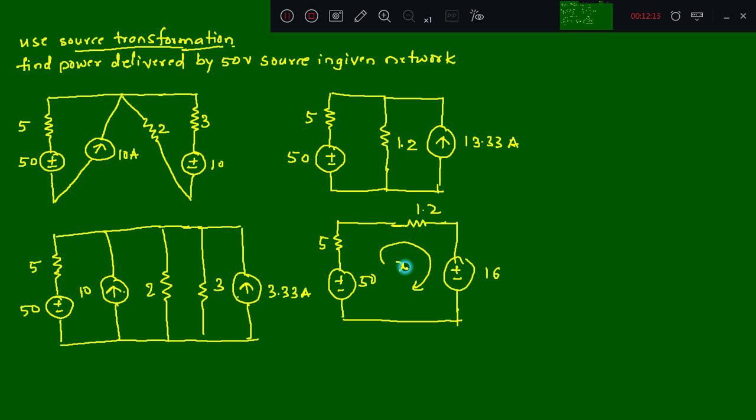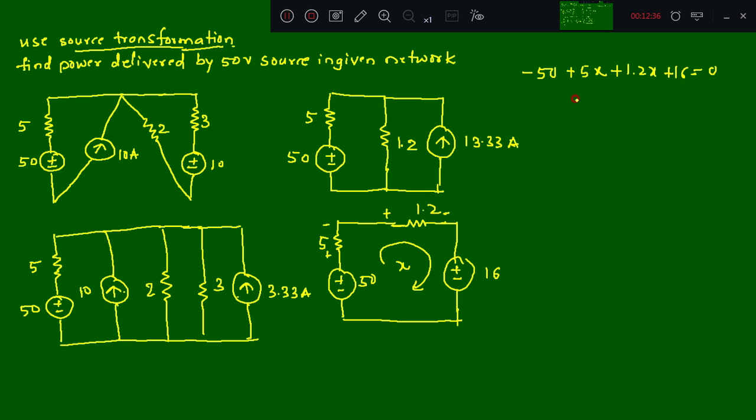So you can take X or I, whatever. So write the KVL equation here. Start from this point. Minus 50, entry sign plus, exit sign minus, plus minus. Write the equation. It's 5x plus 5x plus 1.2x plus 16 is equal to 0.